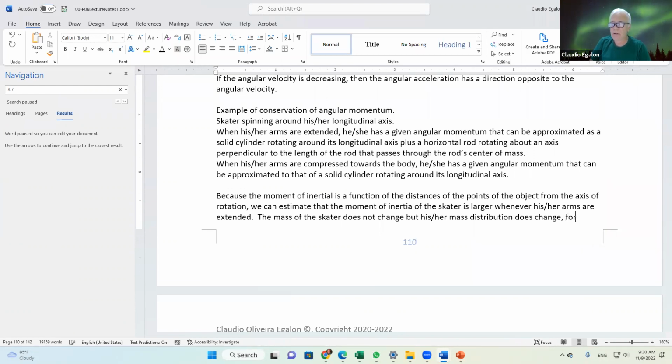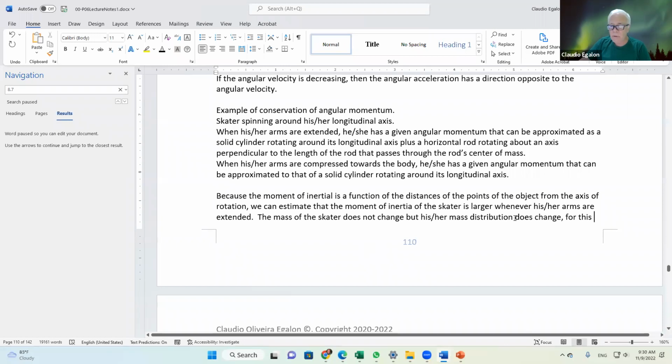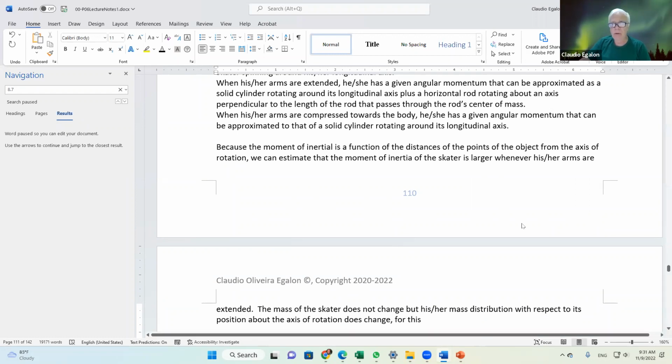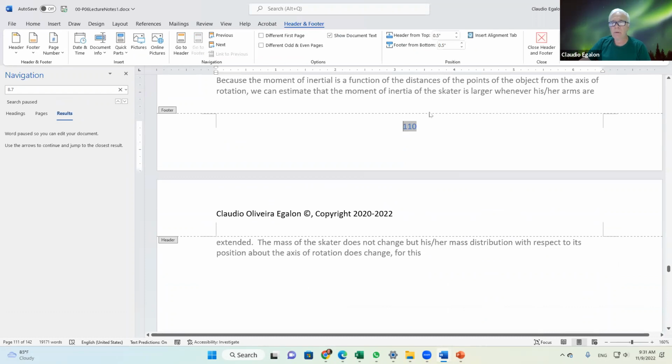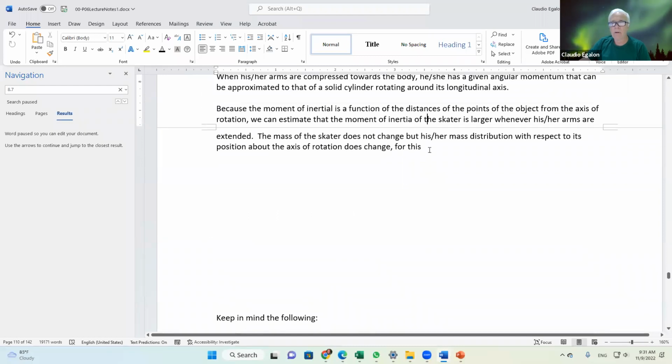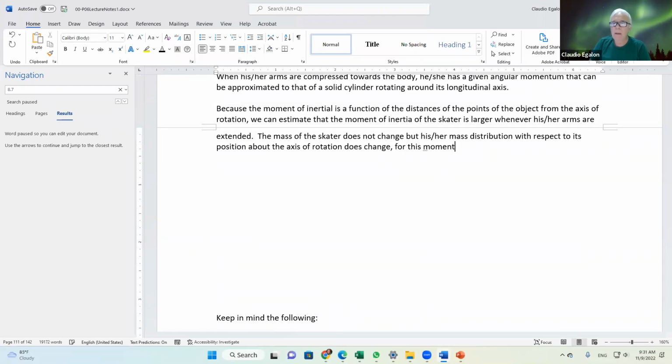Okay, for this reason, here's her mass distribution with respect to her position about the axis of rotation, that changes. For this reason, the moment of inertia changes.